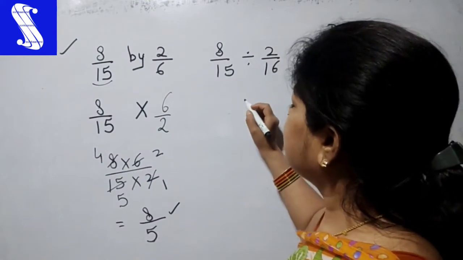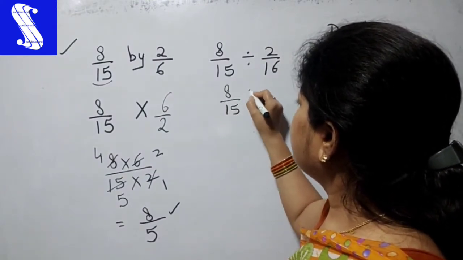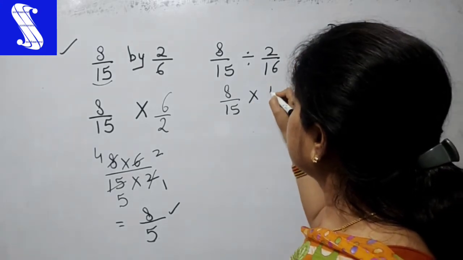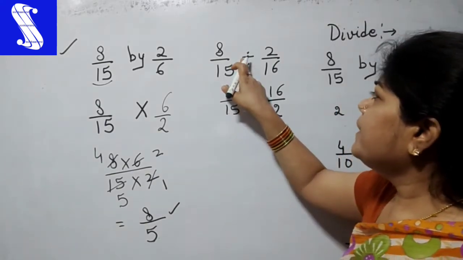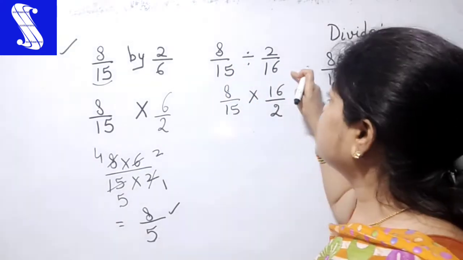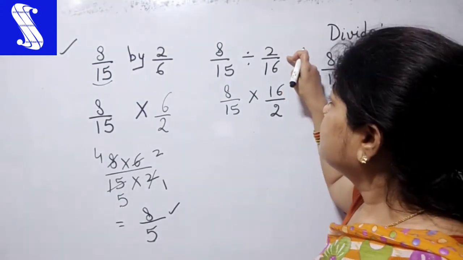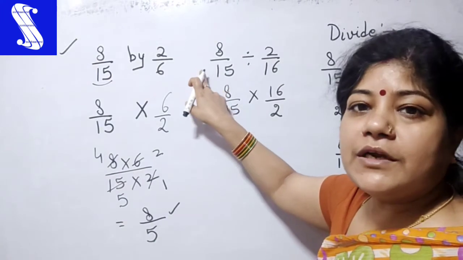Here you can see 8 by 15 divided by 16 by 2. You make the sign of multiplication in place of division and reverse this one. Never reverse the rational number which comes earlier.